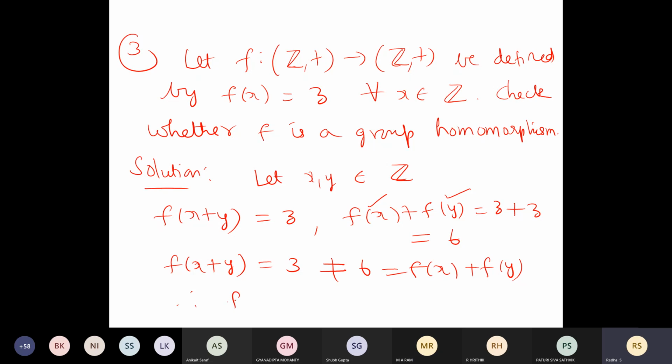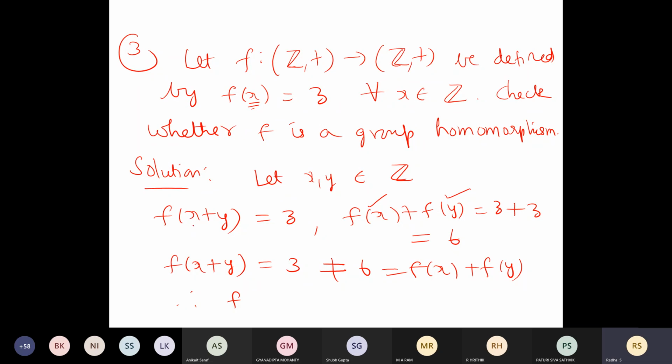Ma'am, I didn't understand how you brought f of x plus y equals 3. See, what is the meaning of this mapping? Any integer gets mapped onto 3. That is the way I have defined, right?